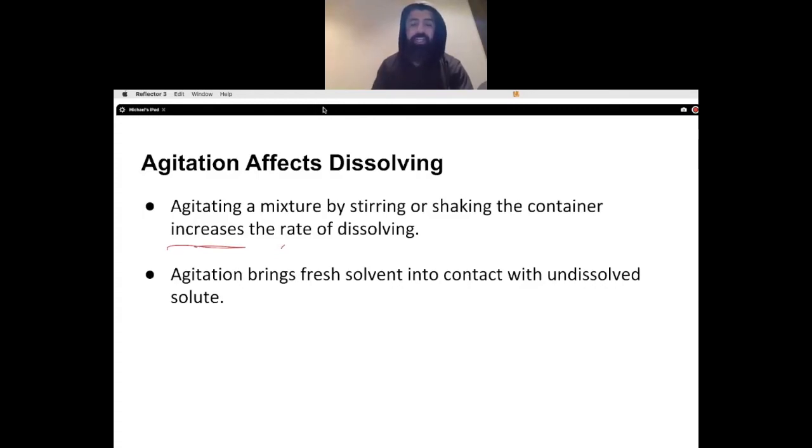Why? Because the agitation will bring fresh solvent into contact with the undissolved solute. The minute you start stirring, you are causing particles of that sugar to come into contact with more aspects of the heated solvent.